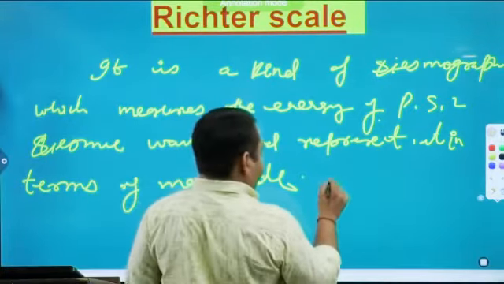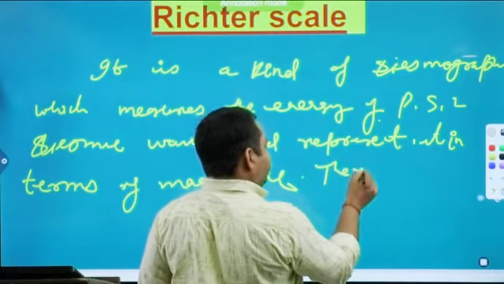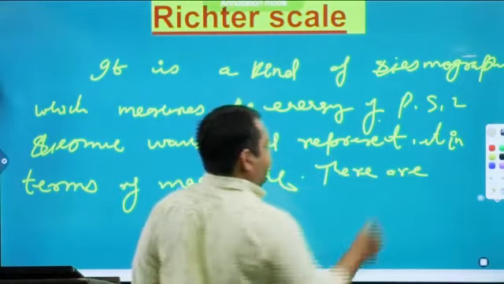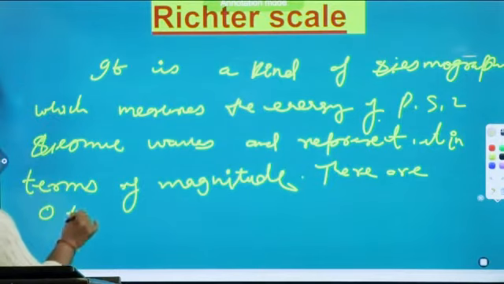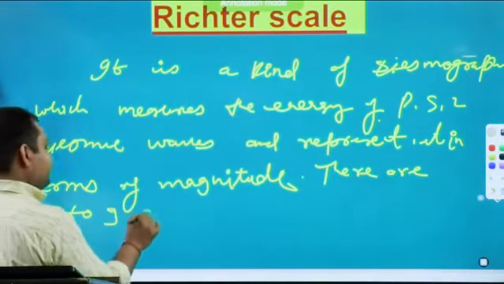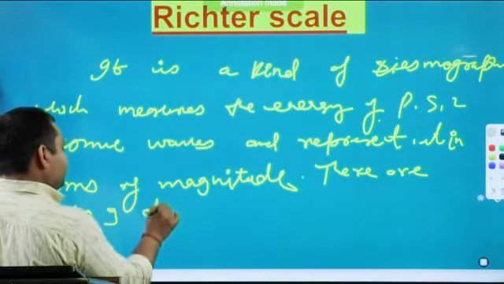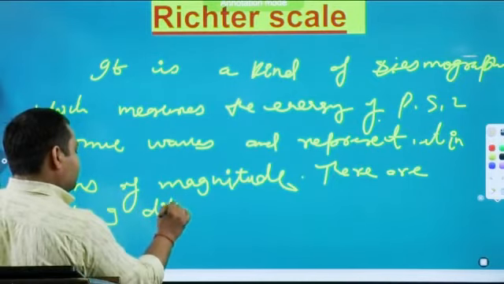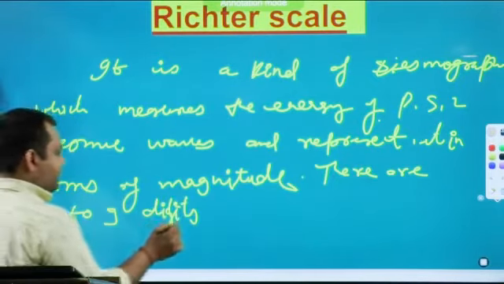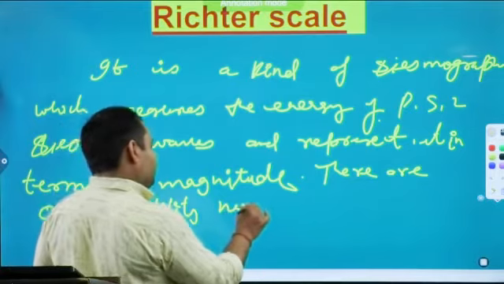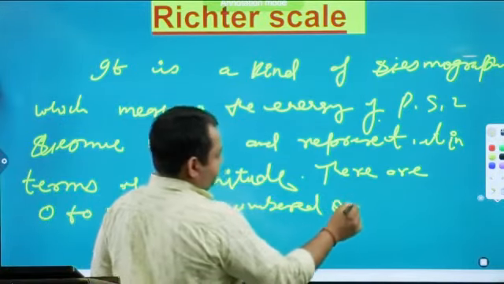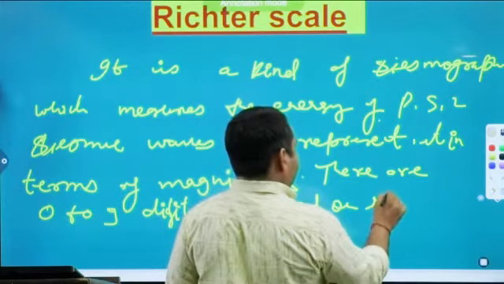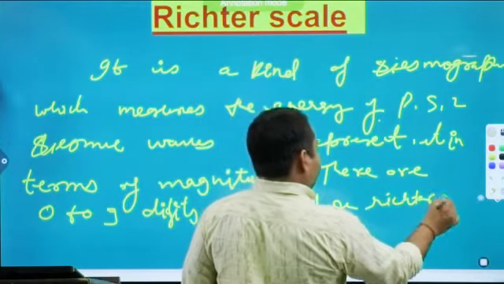There are 0 to 9 digits numbered on the Richter scale.